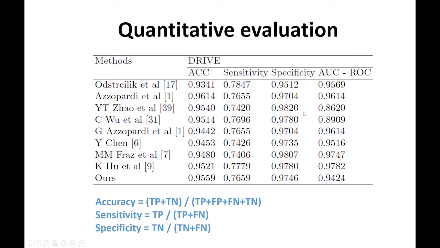It only focuses on the specificity, but its AUC and ROC are very low. But our model can complete the segmentation task while ensuring that overall metrics are better, especially for sensitivity and specificity. It can be seen that our model can ensure the segmentation of real blood vessels and can be helpful for auxiliary diagnosis of medical disease.